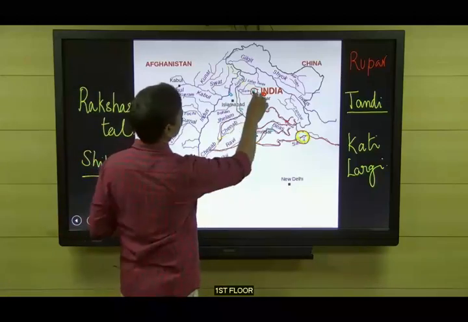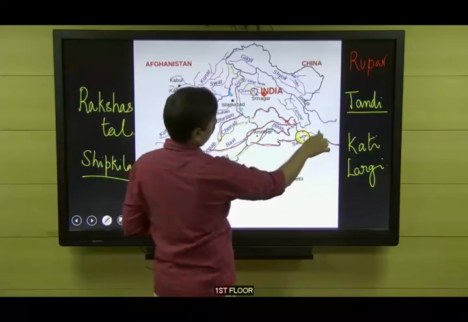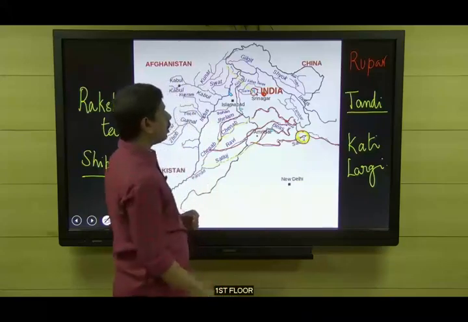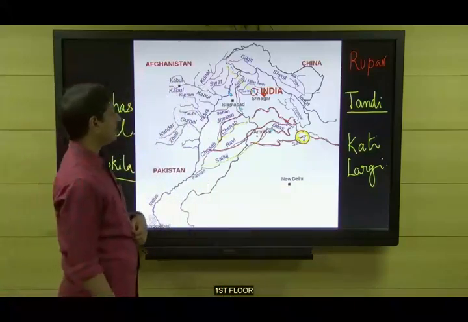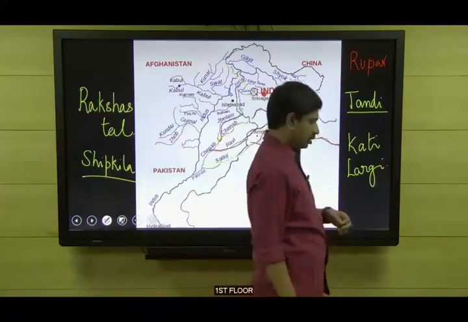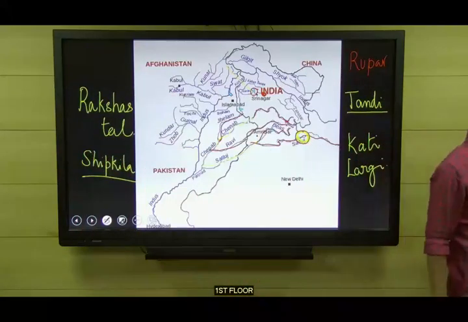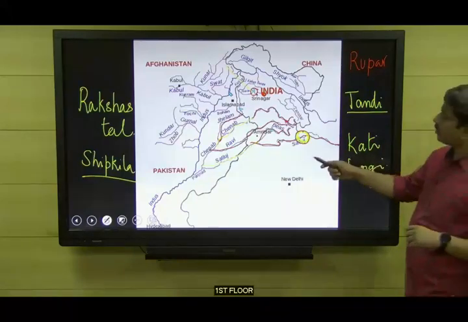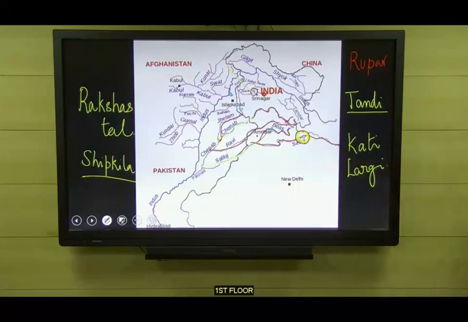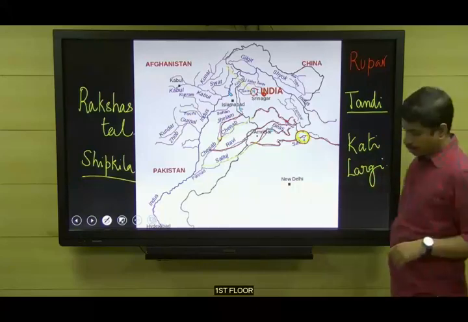Both Indus and Sutlej are antecedent rivers. They were there even before the origin of the Himalayas. And it is on this Sutlej we have the Bhakra Nangal project.